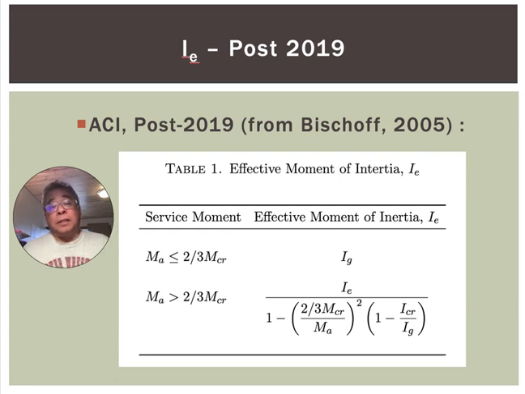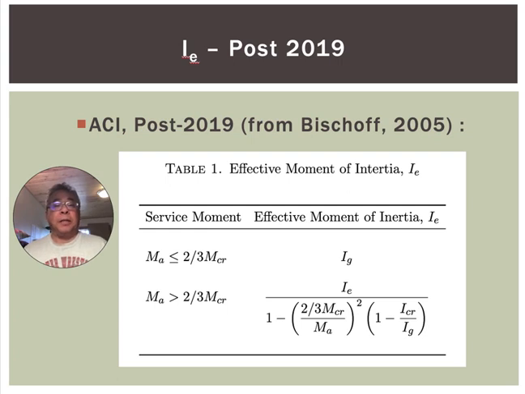But the next question is, not all of the beam is in positive moment. Some of it's in negative moment, some's in positive. Because you get a different moment of inertia if the bottom's in compression or the top's in compression, right?